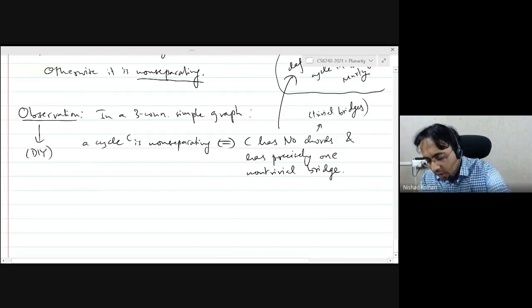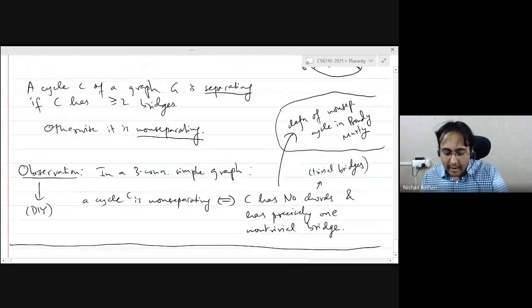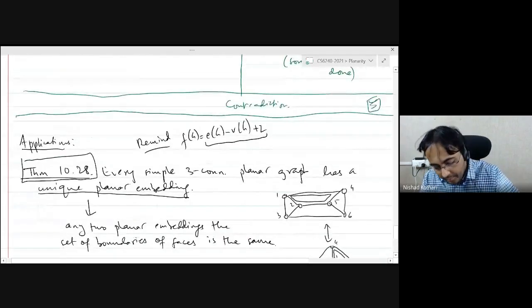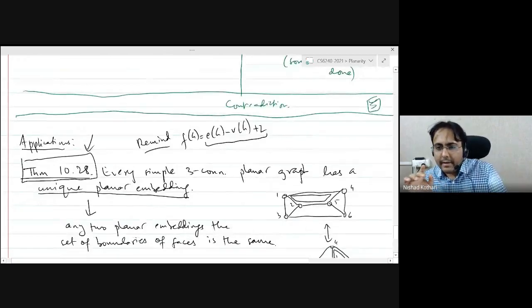And what we will prove in order to prove this theorem is that facial cycles, the cycles that are boundaries of faces in a planar embedding, are exactly the same as non-separating cycles.